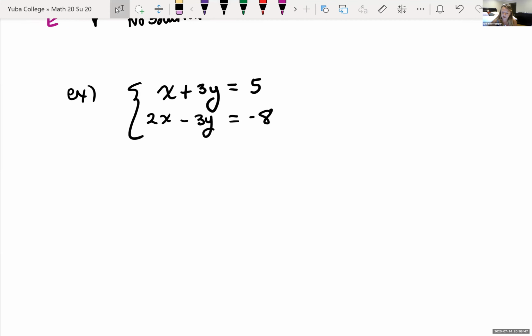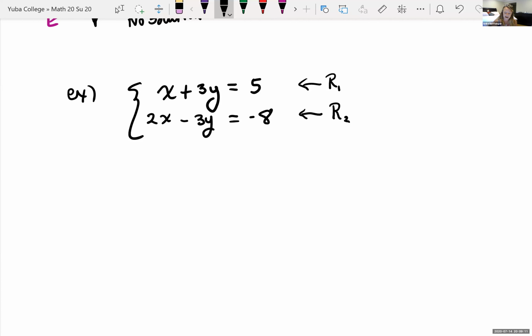And I'm going to start using this notation because we're going to use this while we're doing matrices. And so I'm going to explain what work I'm doing. I'm going to call this first equation row 1 and this second equation row 2. And I'm going to denote that with a capital R and then the subscript of what row or equation it's representing.